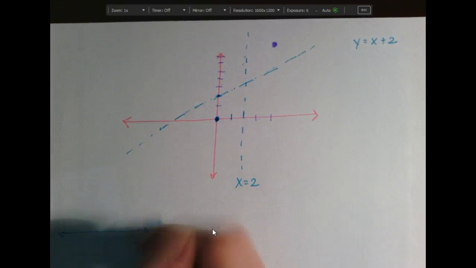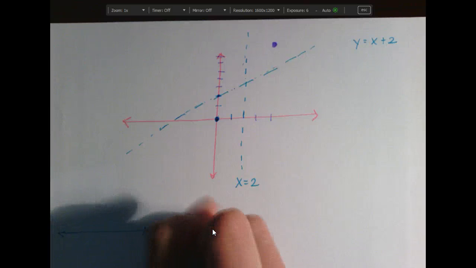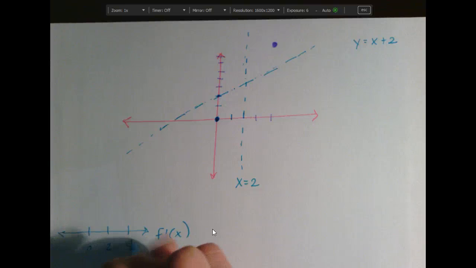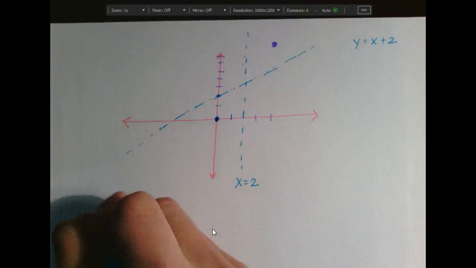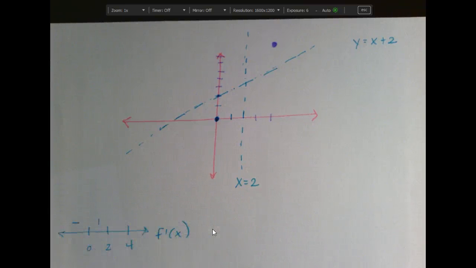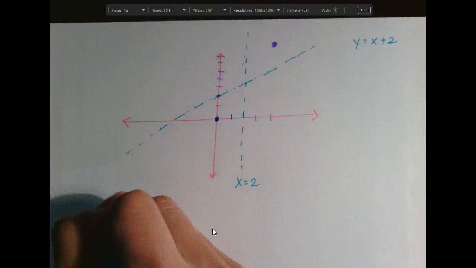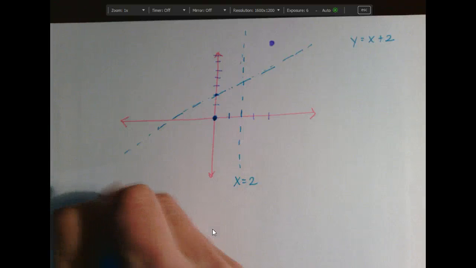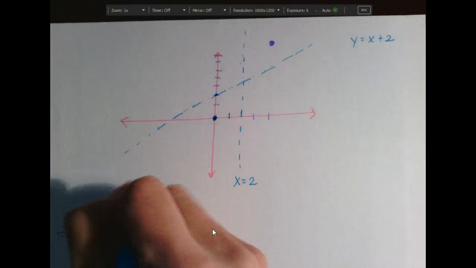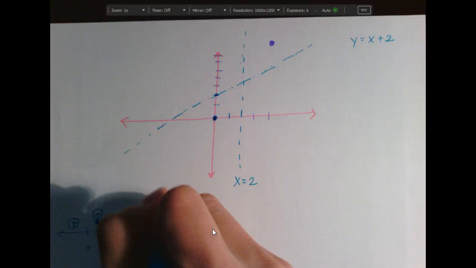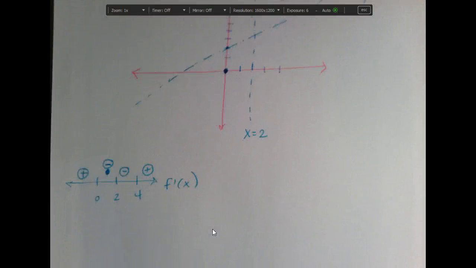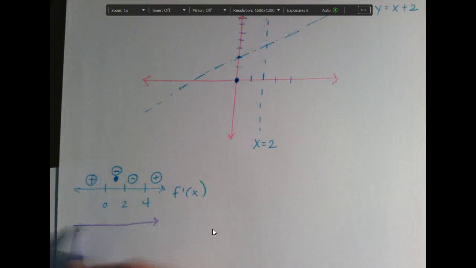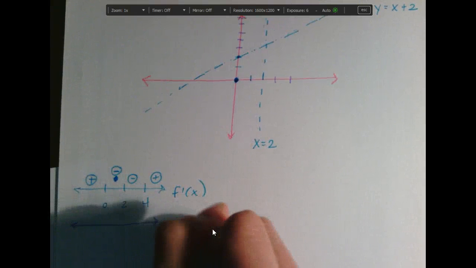So in our first derivative test, we had 0, 2, and 4. And we had signs of positive, negative, negative, positive. Let's also take a look simultaneously at our second derivative test and what that told us.